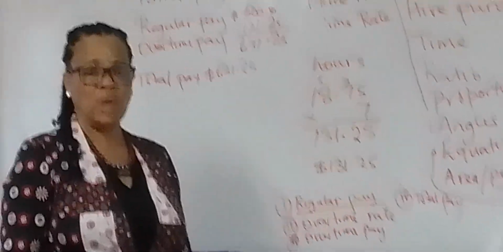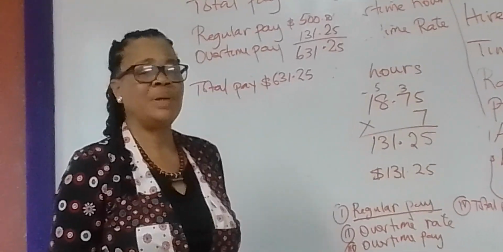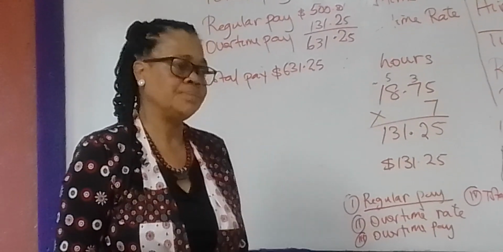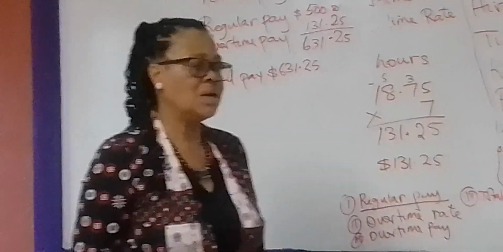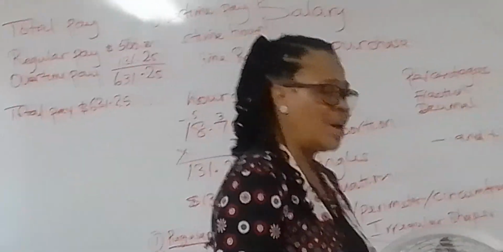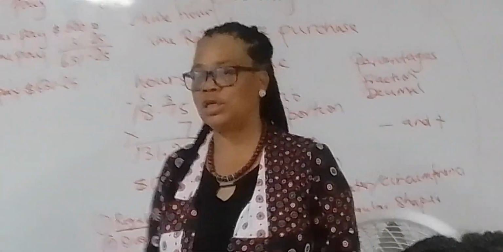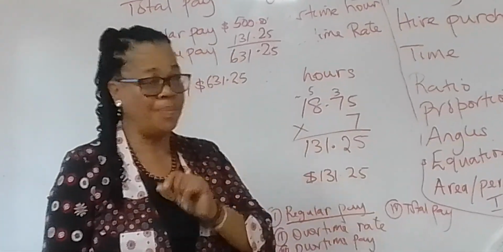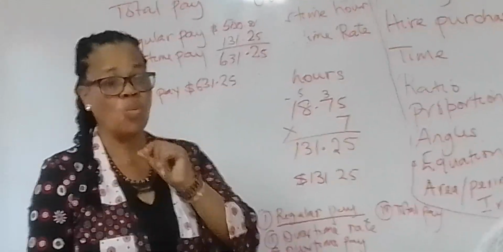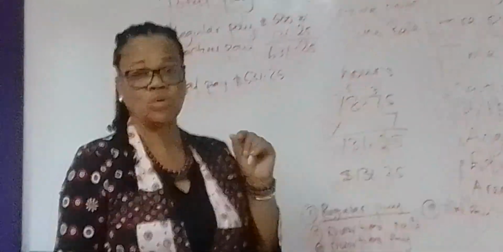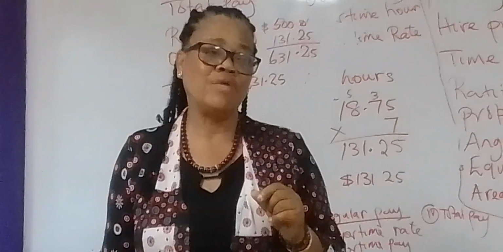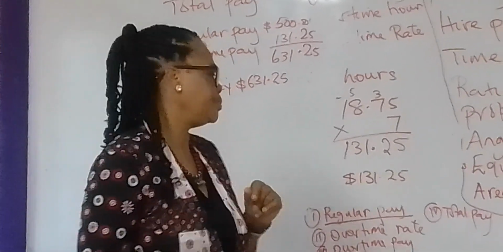Then we had to calculate the overtime rate. We took the regular rate and multiplied by whatever rate they said overtime is supposed to be. Overtime in this case was time and a half. So it is $12.50, which is his regular rate, multiplied by 1.5, and that would have given us his overtime rate.